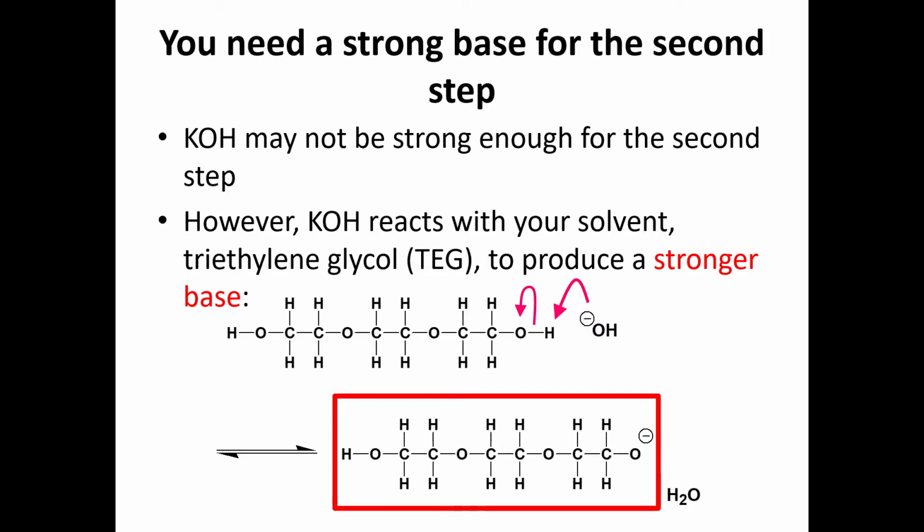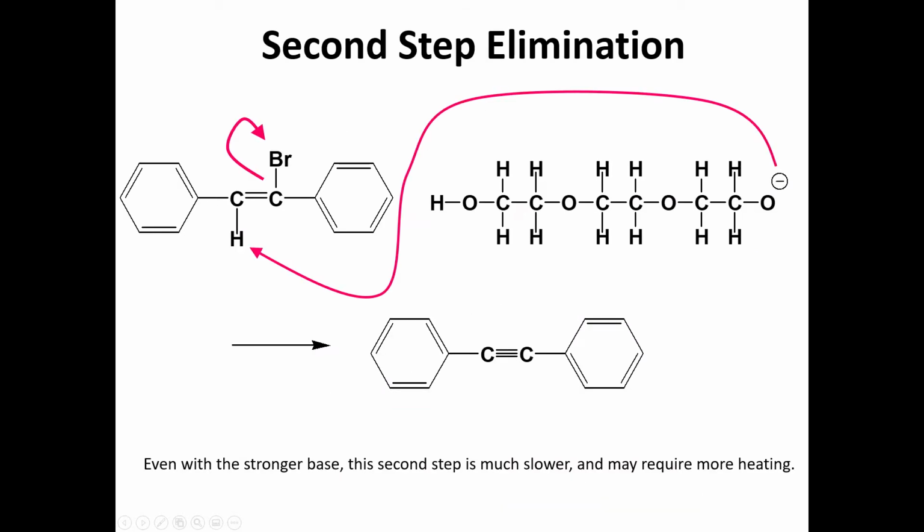How this works is the hydroxide from potassium hydroxide will come and deprotonate this hydrogen to form water, and what we're left with is a new triethylene glycol-based base that is even stronger than potassium hydroxide. This new TEG base is able to come in, rip off the hydrogen, and cause this second elimination so that we can form our diphenylacetylene.